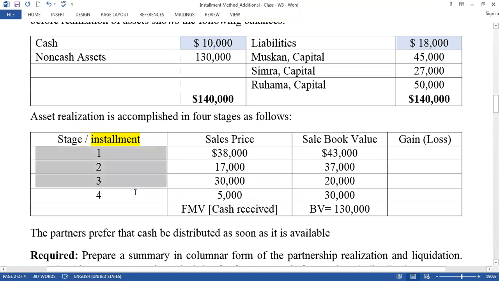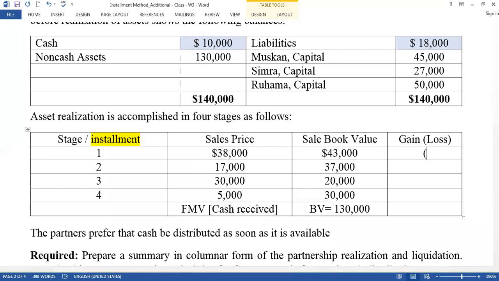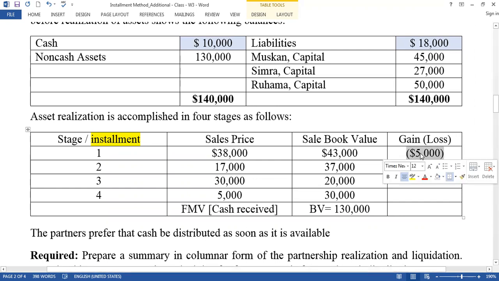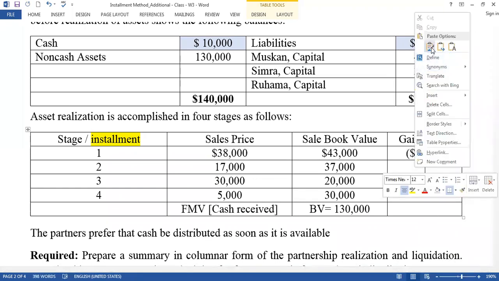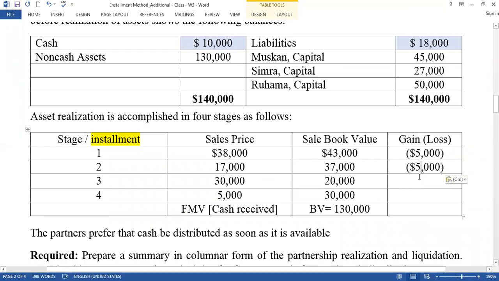Now we have 4 sales here, and you can see that when we make the first sale, our book value is $43,000 but the sales price is $38,000. So it is bad news for us. We have a $5,000 loss here. And when we make the second installment, we find that we have another loss, and it is $20,000.